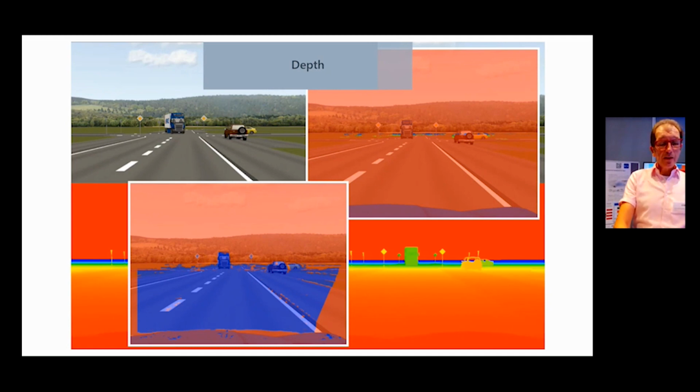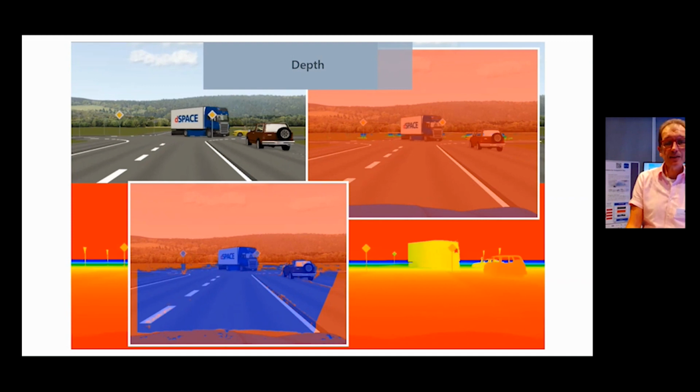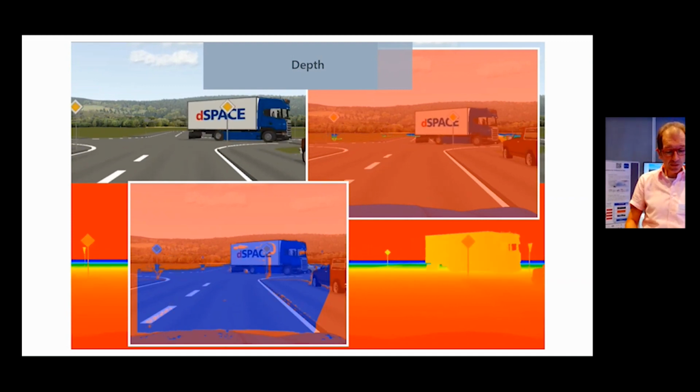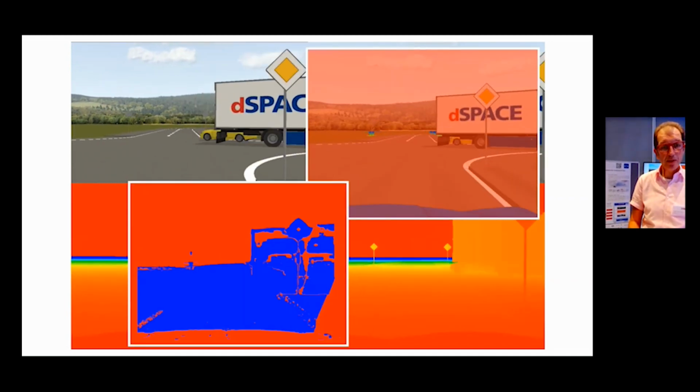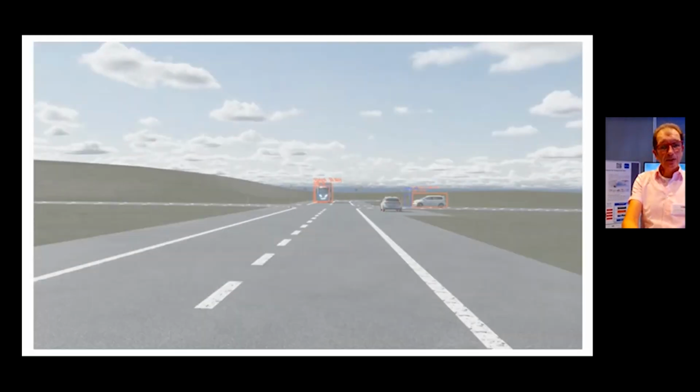Now we can estimate the movement of an object. We know the depth of the object, but we didn't know what kind of object we saw. And this is the last task. We chose to implement prototypically object detection itself.